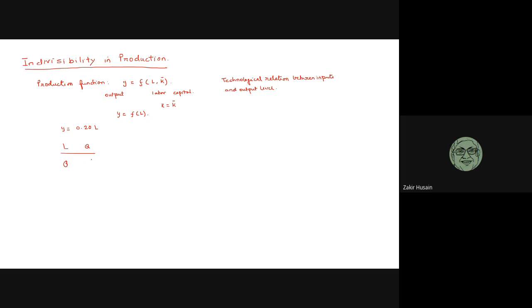So if you don't use any labor, what is your output level? Sir, 0. Achha, 1 unit of labor? Sir, 0.2. 2 units of labor? Sir, 0.4. And we go on like this. Achha. Now how do we plot this?